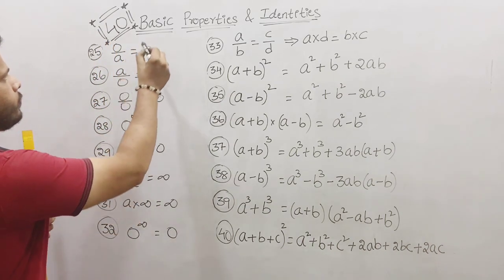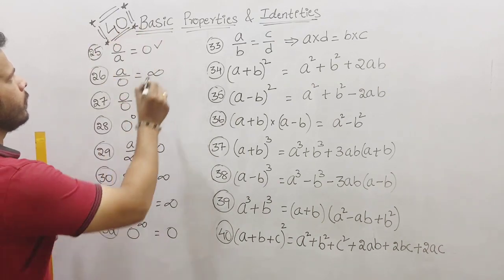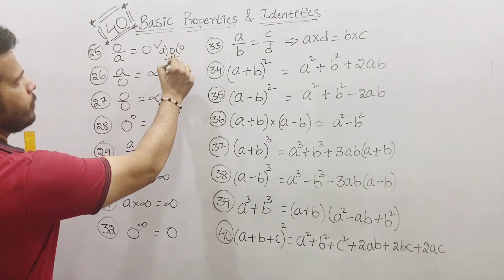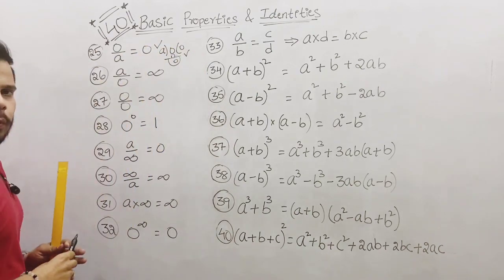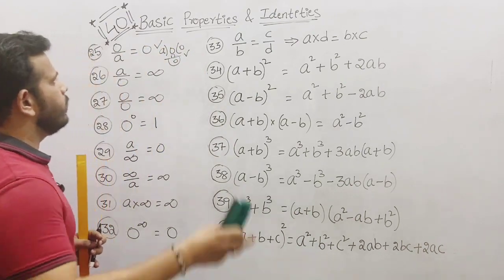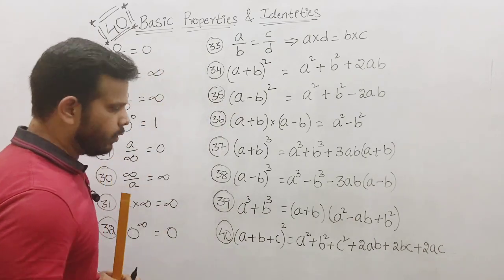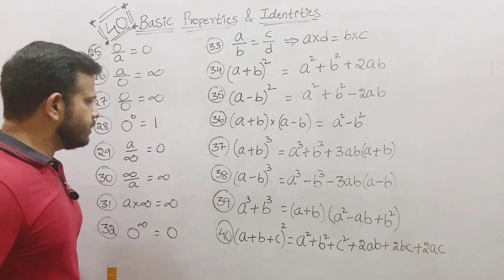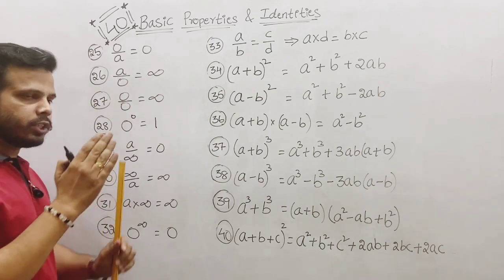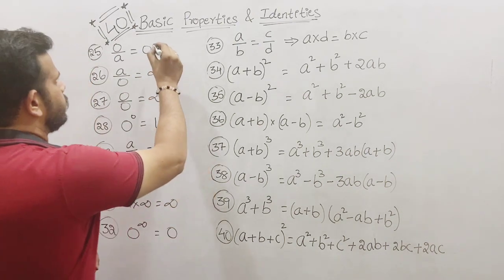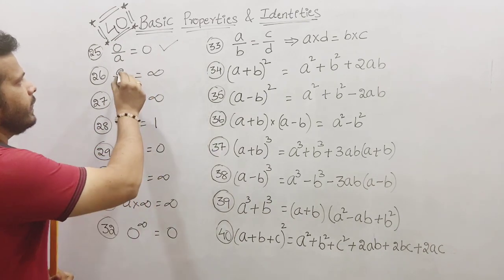A into 0 is 0. If you want to copy this, you can just stop the video and note it down.